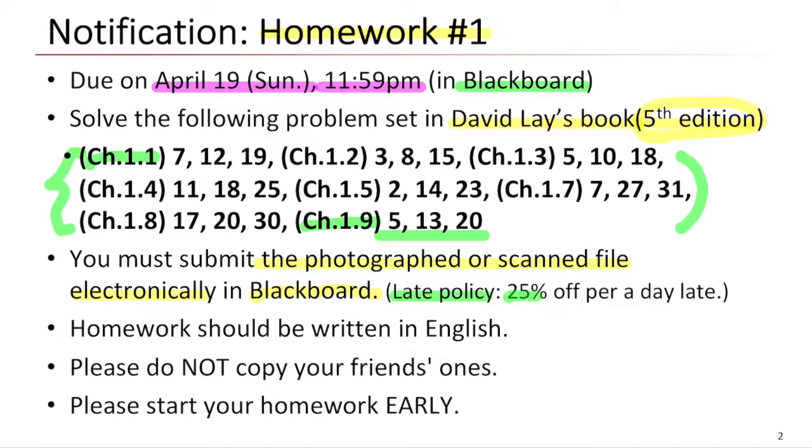Okay, then there is a late policy. There will be a 25% penalty per day late. And the homework should be written in English. Please do not copy your friend's one. Please start your homework as soon as possible, because I already uploaded the homework on our Blackboard website.